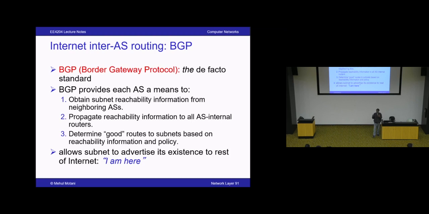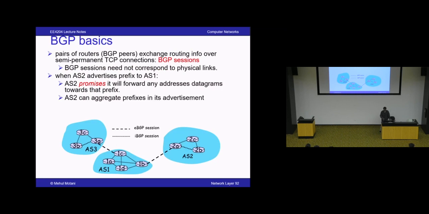BGP essentially is a distance vector protocol that learns reachability between autonomous systems. Because it has to do things both within an AS and between ASs, there's an internal BGP session and an external BGP session.